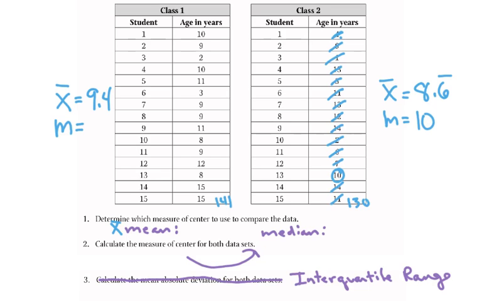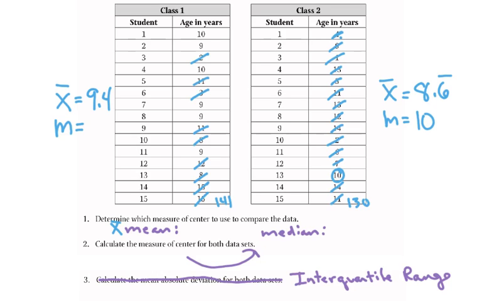Okay, so class 1, high of 15, low of 2, low of 3, high of 15. Next one down is 12. Next one up is 8. Then 8 and 11.